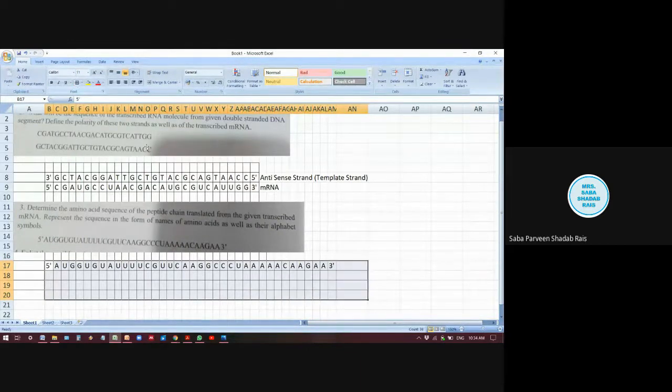Okay, let us solve this. Now, this is what? This is your mRNA.